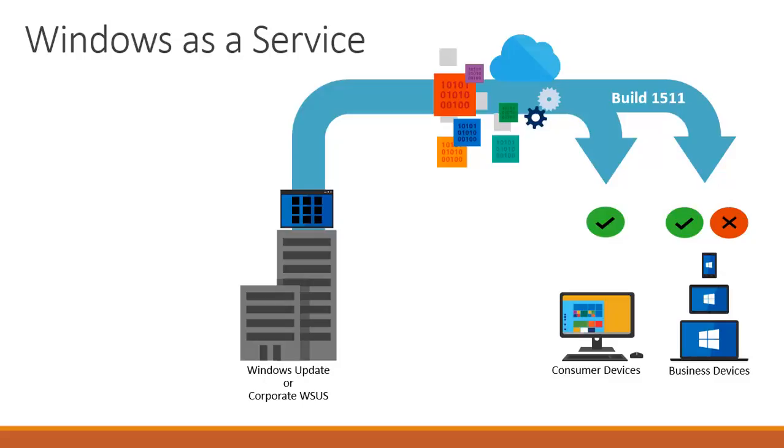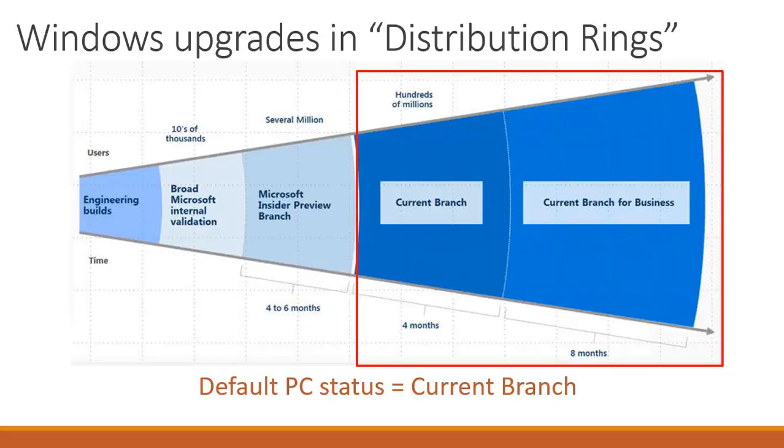So what I'm going to show you is how we can configure that using both the UI and by using group policy. And just to explain how this works, if you are a Windows 10 user, you're on the current branch, which means it's been tested by Microsoft, it's been tested by the Microsoft Insider people, and everybody then gets the current branch, probably after about 6 months of development time internal to Microsoft.